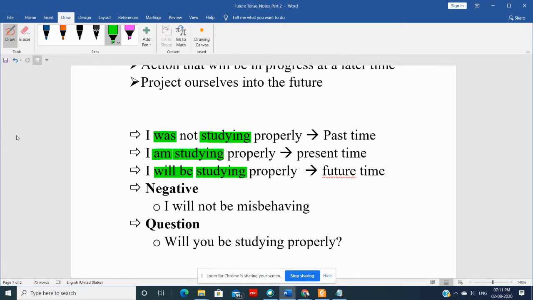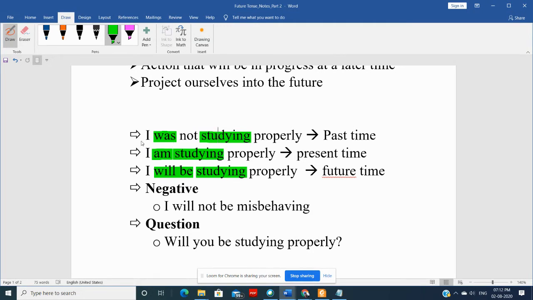Alright, okay, so in the first sentence, because it's a negative sentence, we have used not here. All right? Okay. So these are some very simple sentences about future tense, that is future continuous tense. Now remember, in case of past time, depending on the subject, this verb will be changing.